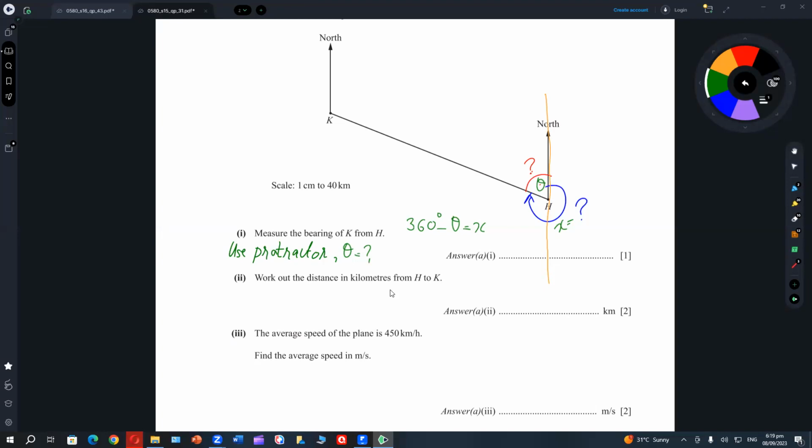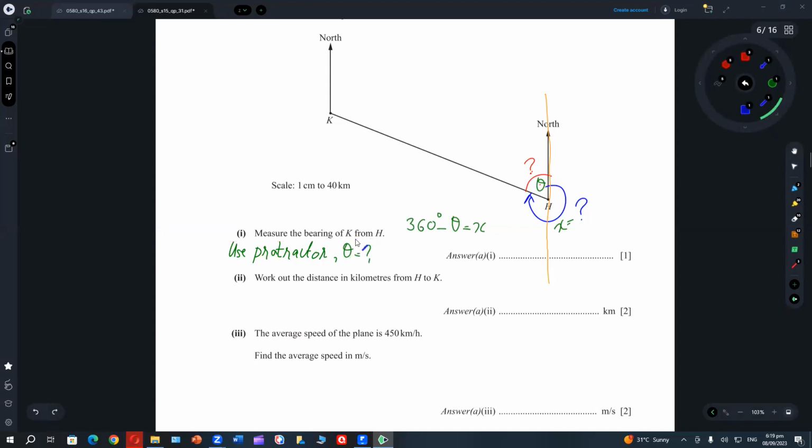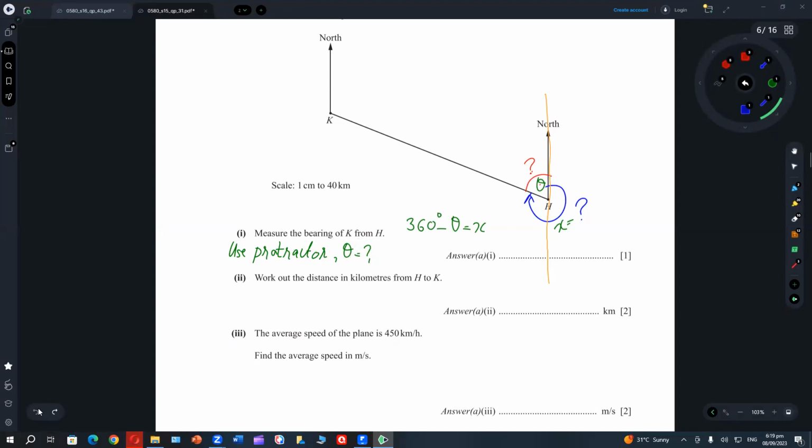Do you have a ruler? Yes. Use the ruler, read the question. Read part 2. Work out the distance in kilometers from H to K. So please put the ruler and let me know the length.